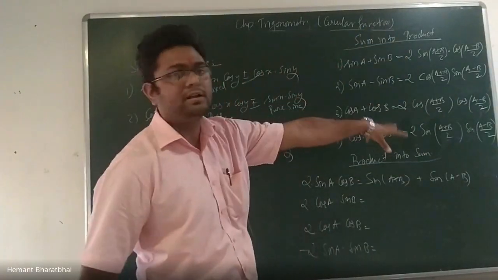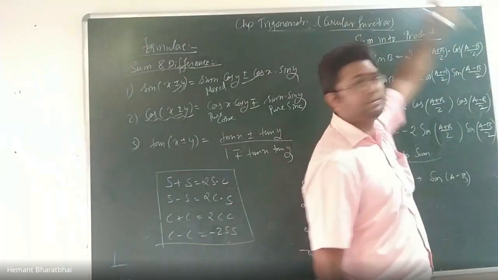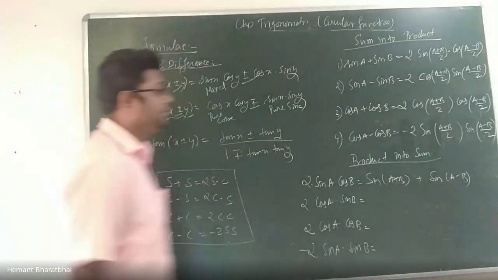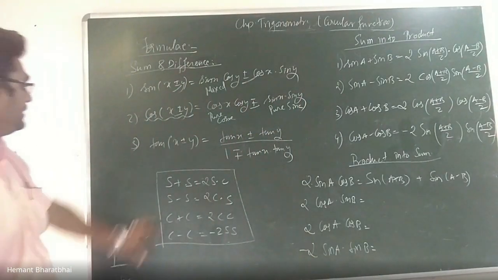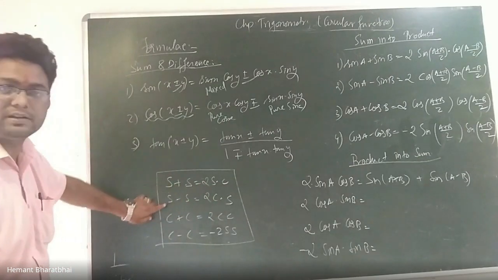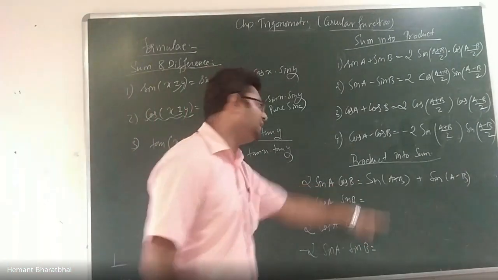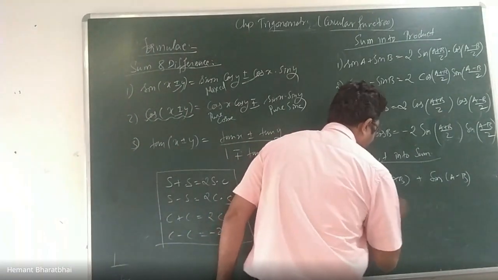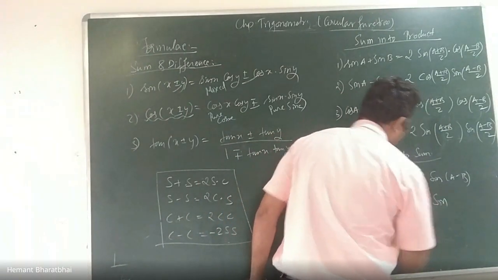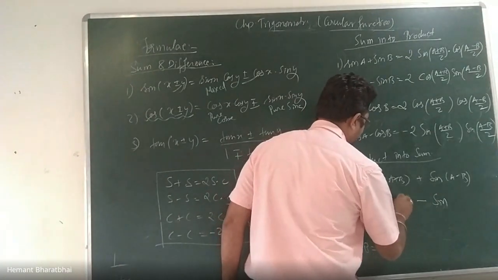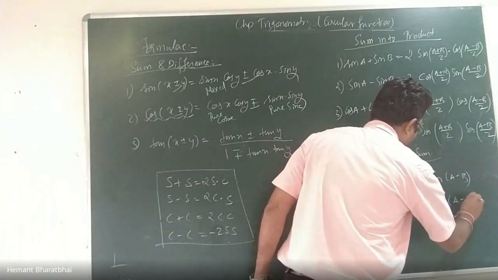Again the same thing: the first terms will always be A plus B, the second terms will always be A minus B. Okay. Then CS, S minus S is 2CS, so I should write sine minus sine. The first term should always be A plus B, the second term should always be A minus B.